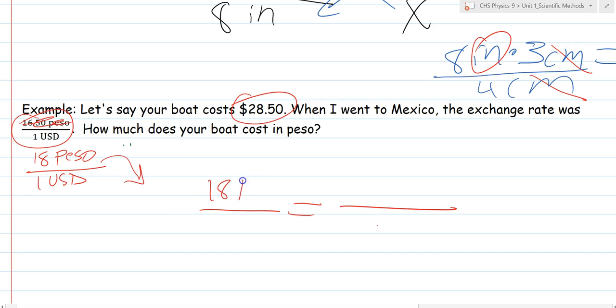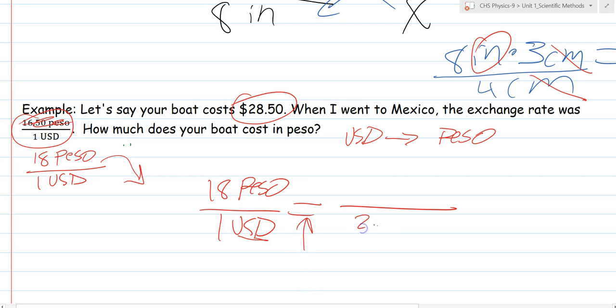So I've got my 18 pesos for every 1 US dollar, and we want to go from US dollars to pesos. We're given US dollars, $28.50. I'm going to match that with my US dollars here because I've got this equal sign. So I'm going to say 28.50 US dollars, and then I've got an X there because that's what I'm looking for.